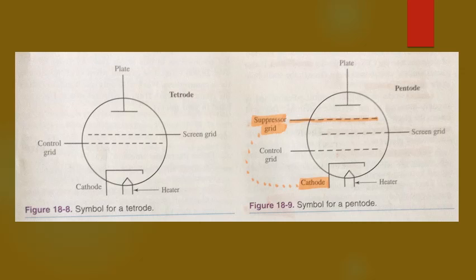See figure 18-9. These tubes have high amplification factors and high plate resistance. Inter-electrode capacitance is at a minimum. Pentodes were once used as radio frequency or RF amplifiers and as audio power amplifiers.